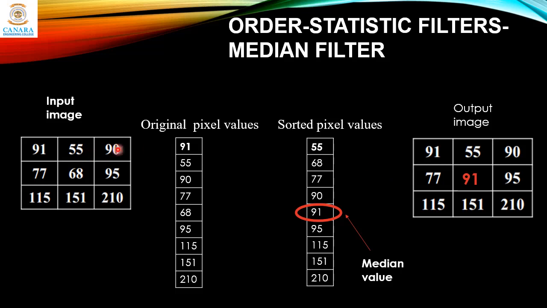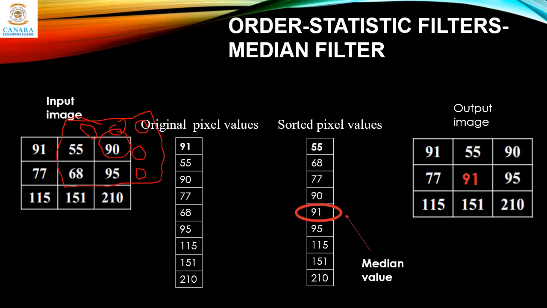Now in order to filter a corner value like this pixel, you can assume zeros around the border. You just put zeros all along and then consider a window like this, put them in ascending order and then pick the median value.